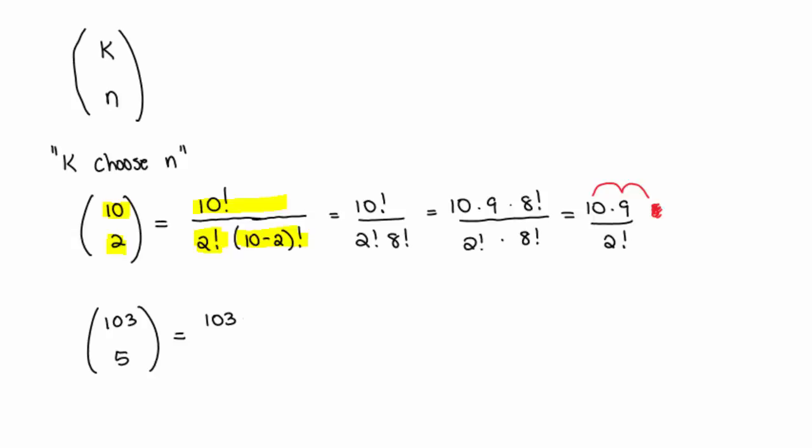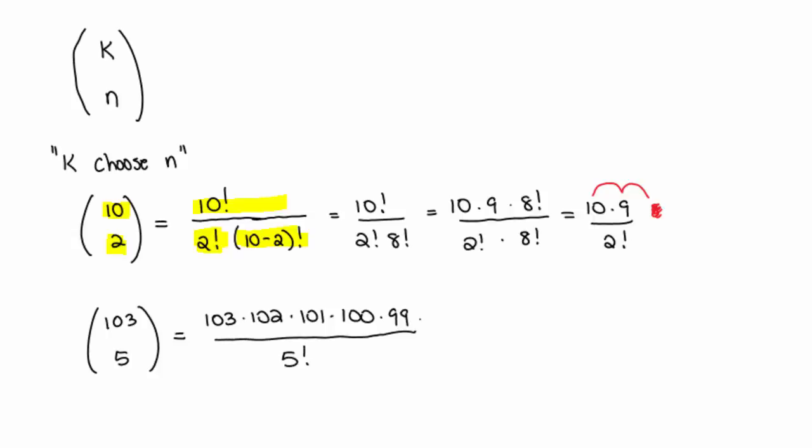I'll start at 103 and start decreasing: 99, 98, 97, and so on. Well, actually I'm going to go all the way down to 103 minus 5, which is 98, and add back 1. So I'm only going to go down to 99 and divide this by 5 factorial.